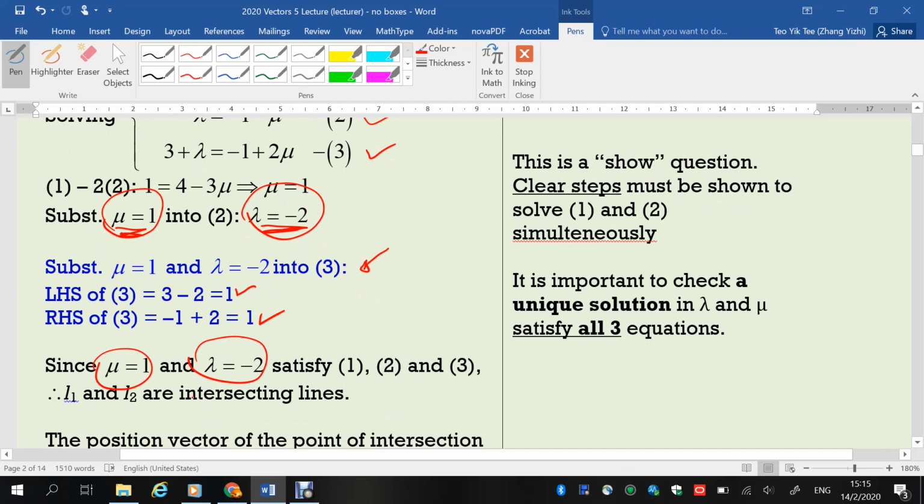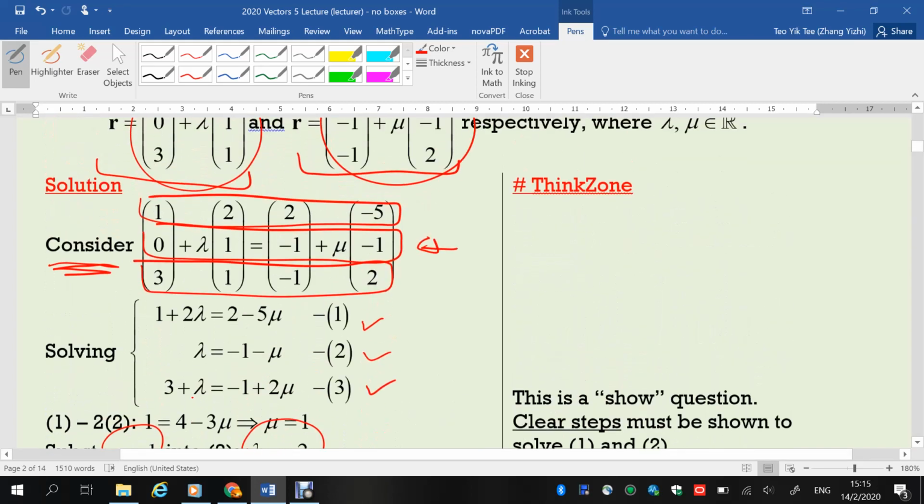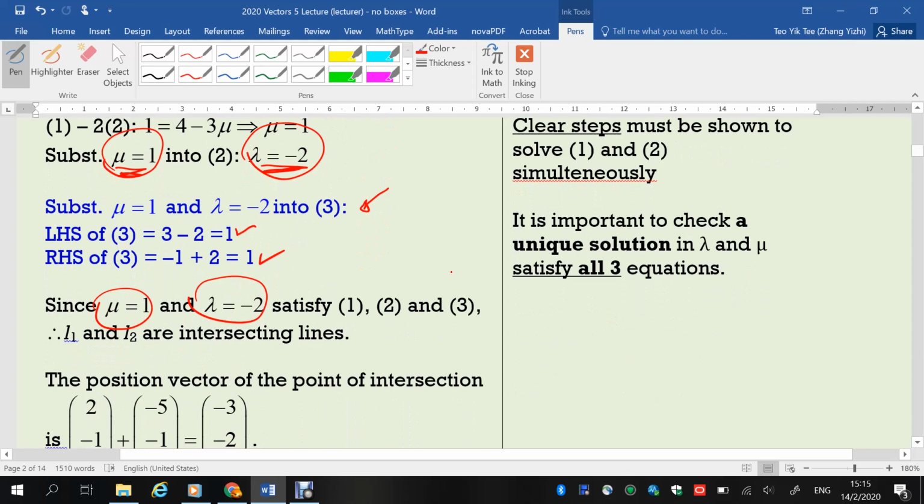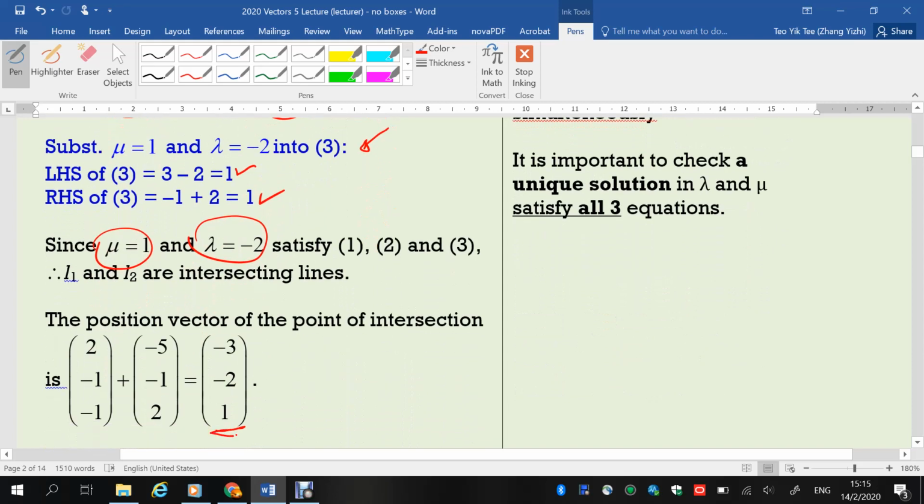To find this point, all I need to do is substitute the lambda value into this equation or the mu value into this equation, and then I get my point of intersection of the two lines.